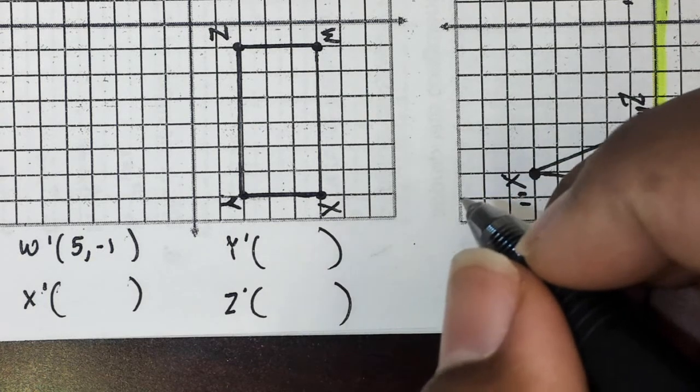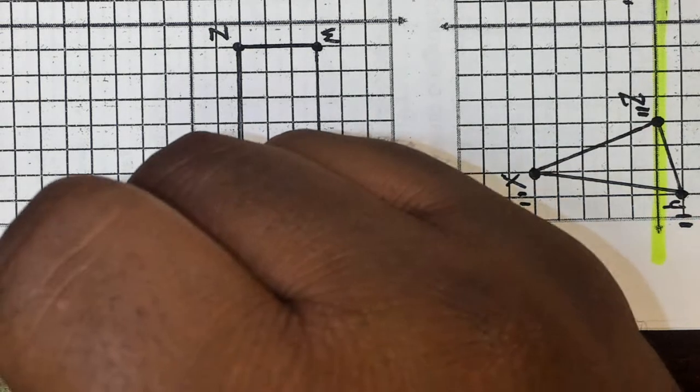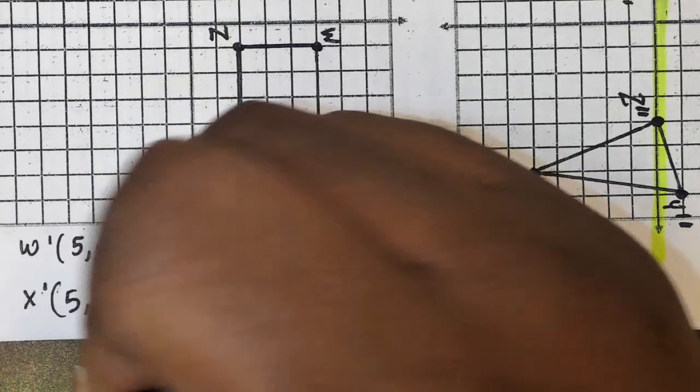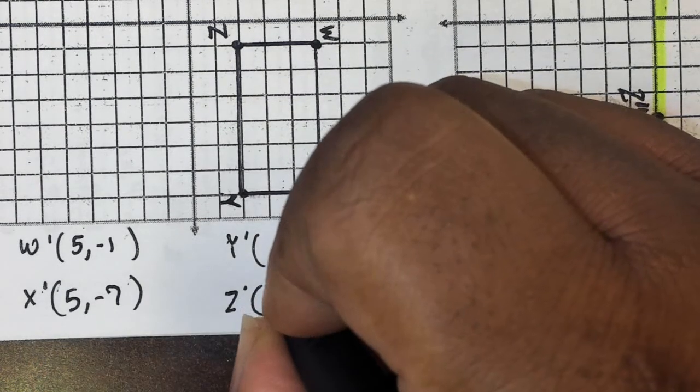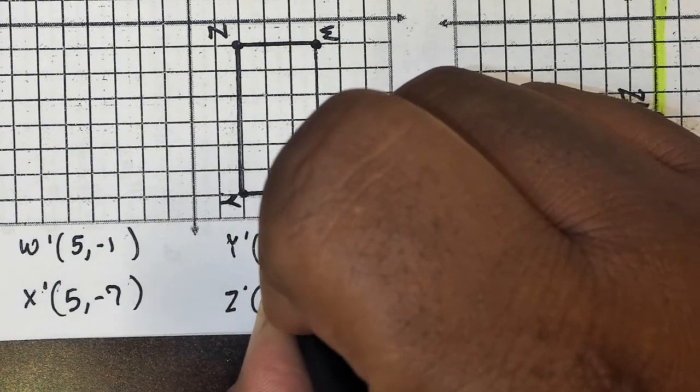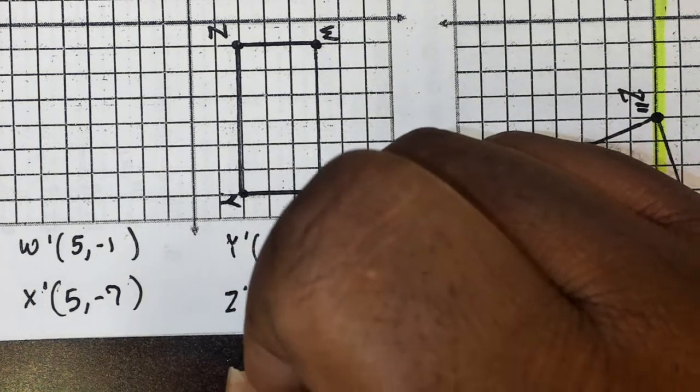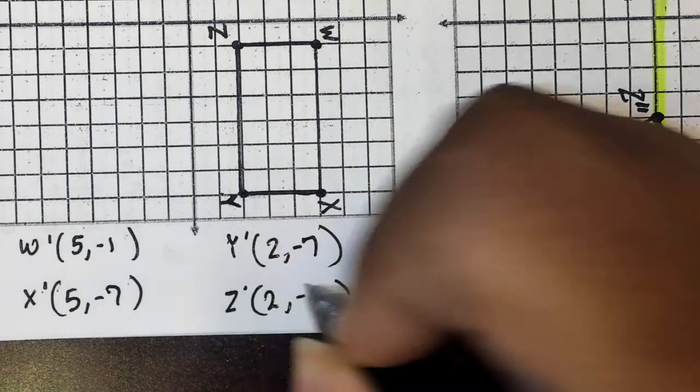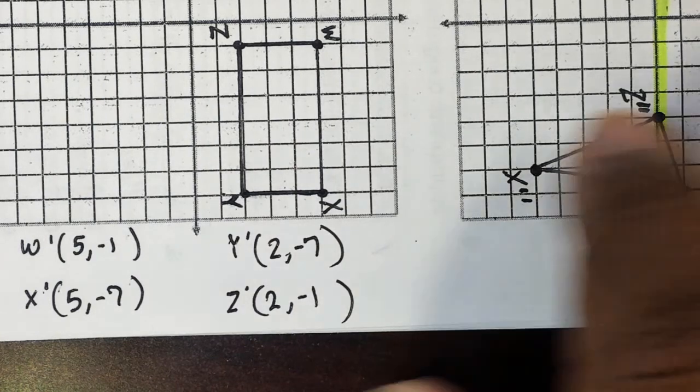What is it? X next. X, I got it at 5, -7. Y, I got it at 2, -7. And then Z, I got it at 2, -1. Turning back straight.